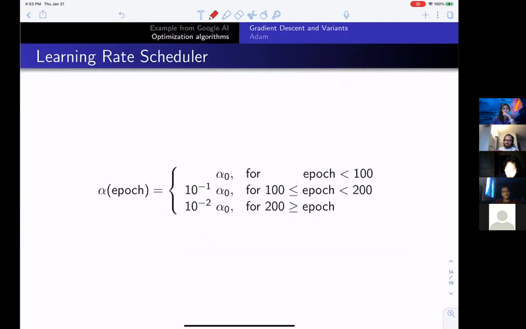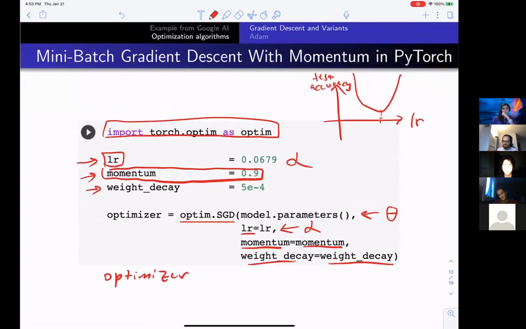Okay, now, in my description of the learning rate, I describe it as being a static value, right? So for example, in the previous slide, it's just 0.0679, which, as I mentioned, I worked really hard to find.